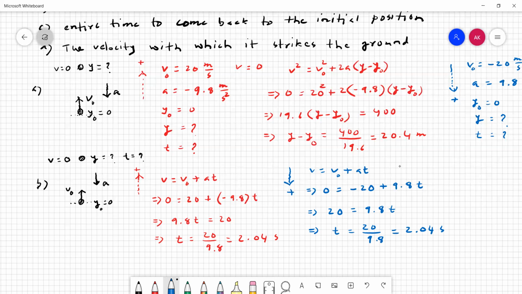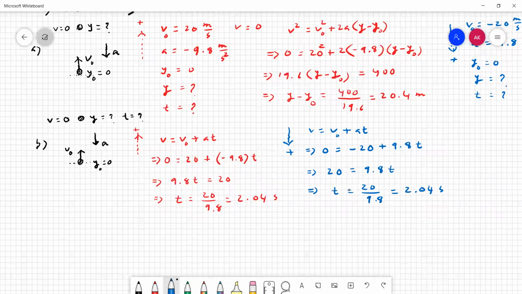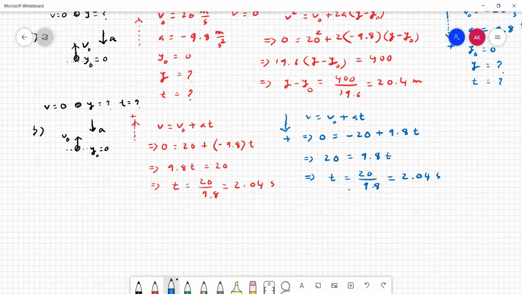But if you use the downward direction to be positive, but your displacement is upward, then you should get a negative number in your answer. But to find time, you must get a positive time, because a negative time does not make any sense. Is that clear to you? Yes, sir. Okay, very, very important discussion. And if you think that way, you can always justify your answer.